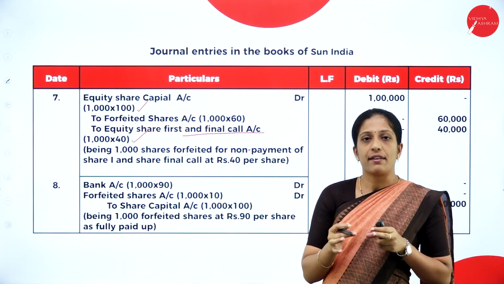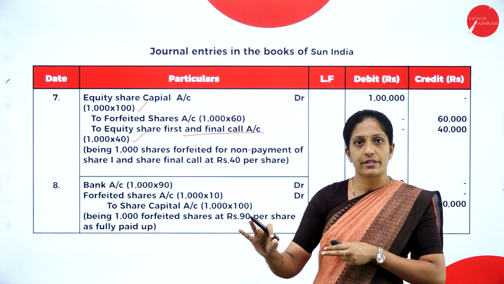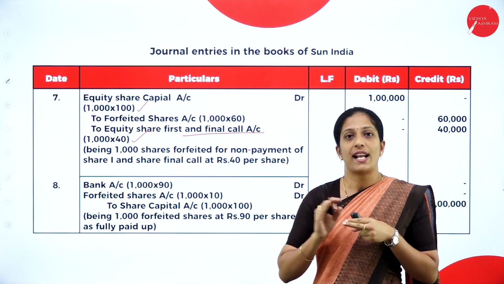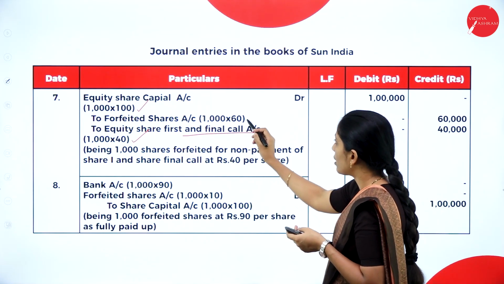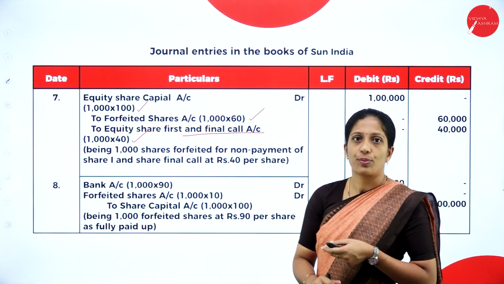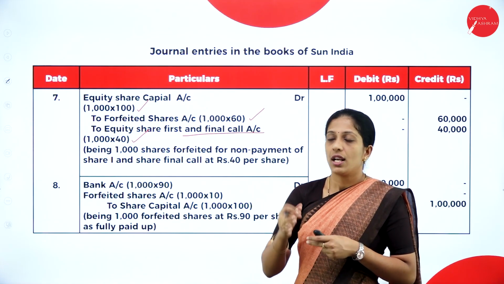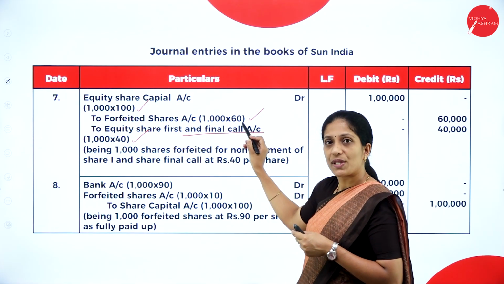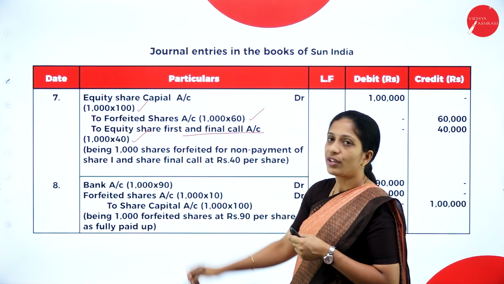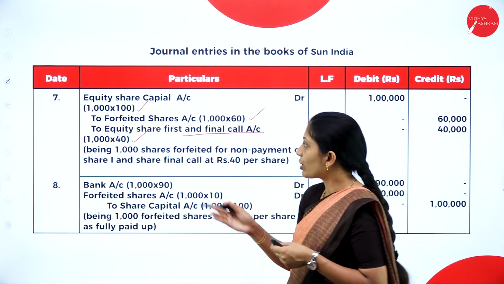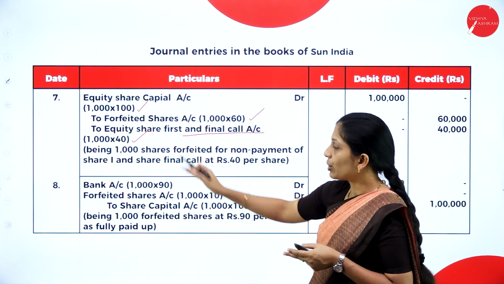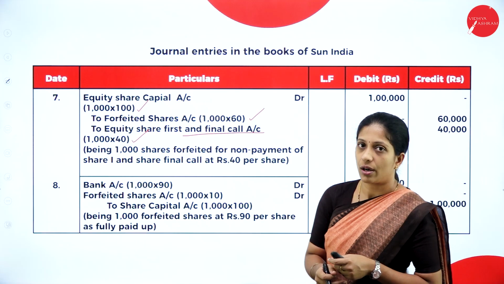Out of 100 rupees, 40 rupees we have not received, which means 60 rupees we have received in the application as well as allotment stage. So 1,000 into 60 will be transferred to forfeited shares account. So 100 rupees we had to receive, out of which 60 rupees we have received will be transferred to forfeited shares account, and 40 rupees we have not received under first and final call will be transferred to equity share first and final call account.